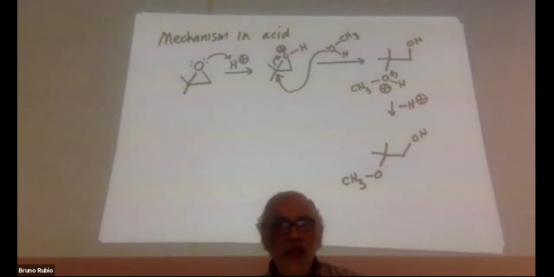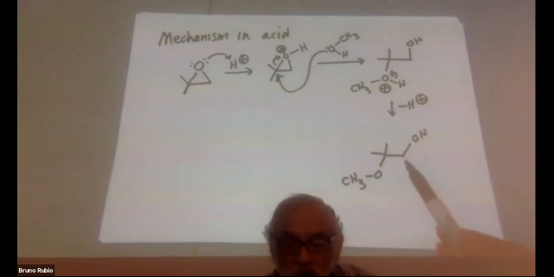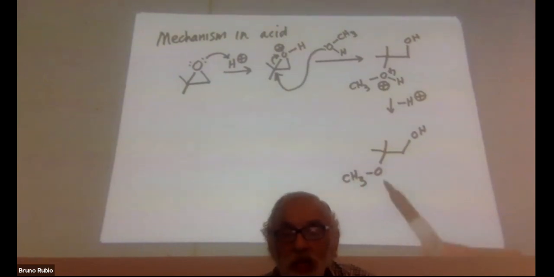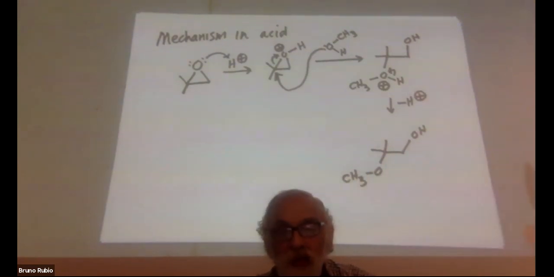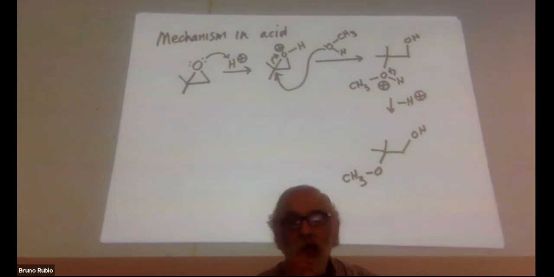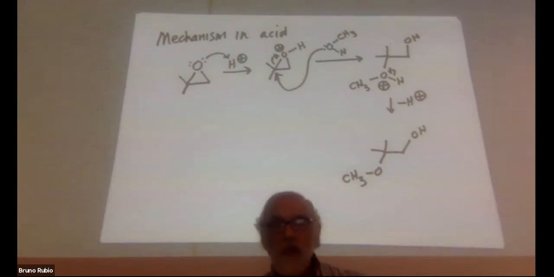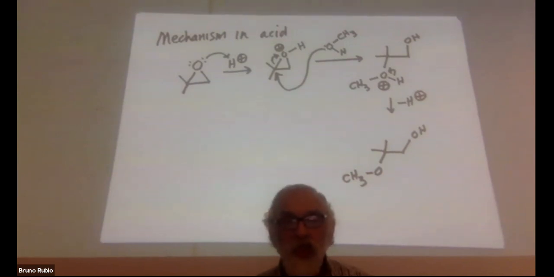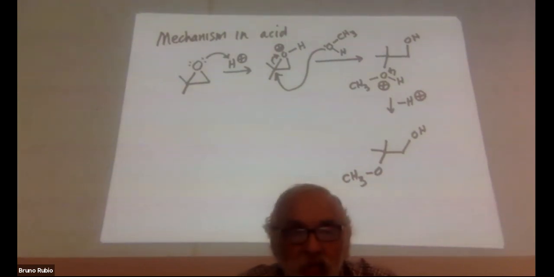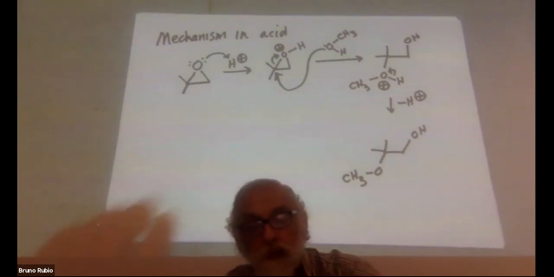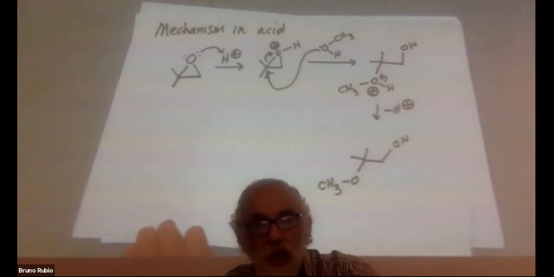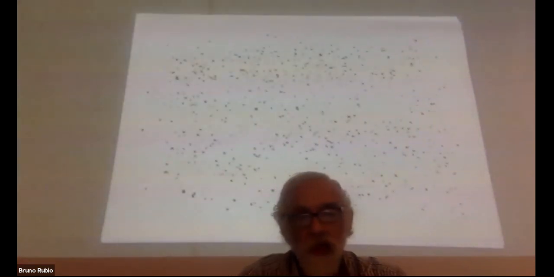And notice that the product is an alcohol, where the carbon next to the alcoholic carbon has the remnant, what is left of the nucleophile. Okay, so that's the mechanism for opening the epoxide under acidic conditions. Essentially, it's driven by the desire of the epoxide to be opened up to relieve ring strain. Okay, so that's the mechanism in acid.